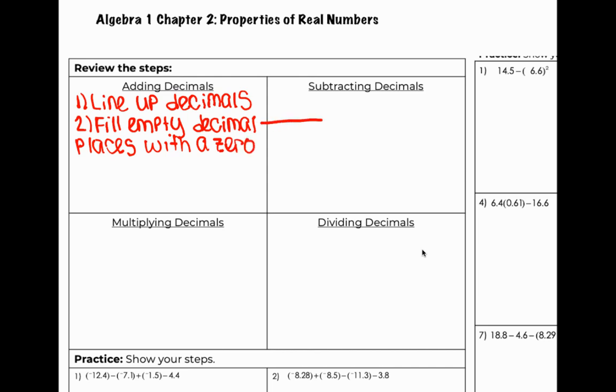And that's the same for subtracting as well. And then once you've done that, you would just add or subtract.